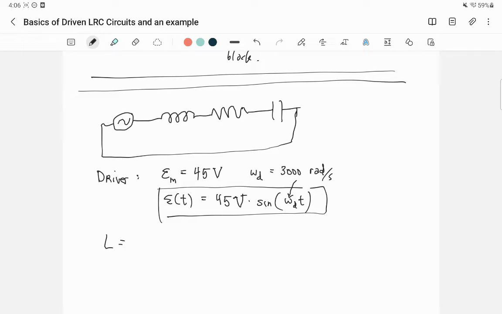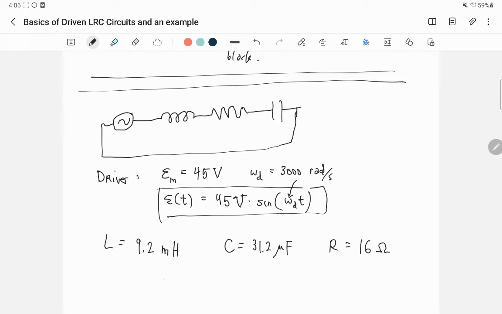So here it is. Okay, so the inductance is 9.2 millihenries. The capacitance is 31.2 microfarad, right? So got milli on the one hand, millihenries, and microfarads in the capacitance, and the resistor is a nice easy 16 ohms, right?